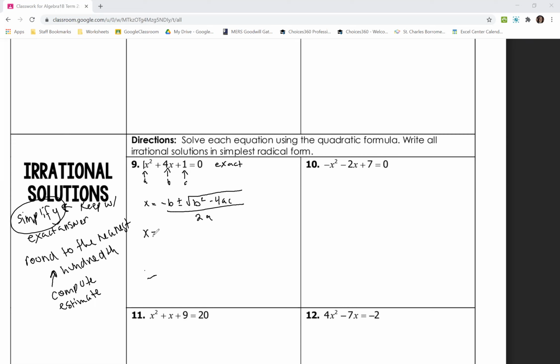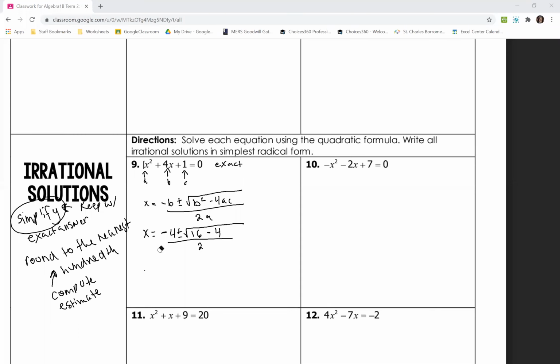So x equals negative b, that's negative 4, plus or minus the square root of 4 squared, which is 16, minus 4 times 1, which is just 4, and then 4 times 1 is still just 4. And then 2a is 2 times 1, which is just 2. Okay, now there I did skip a step.